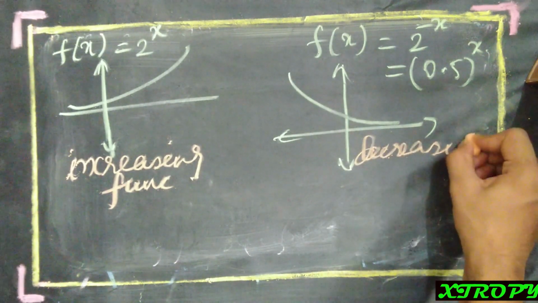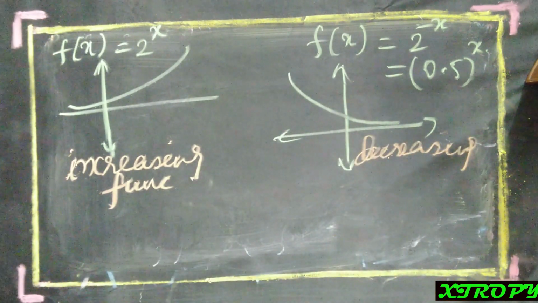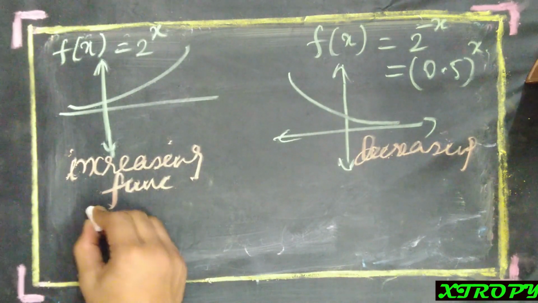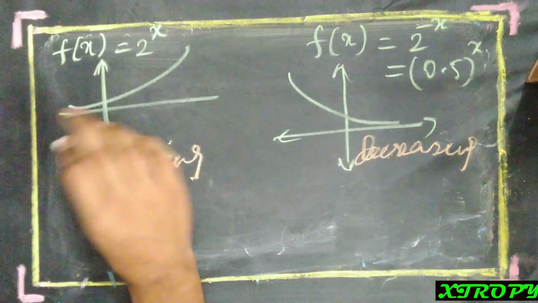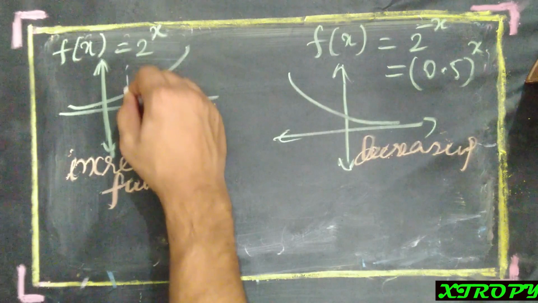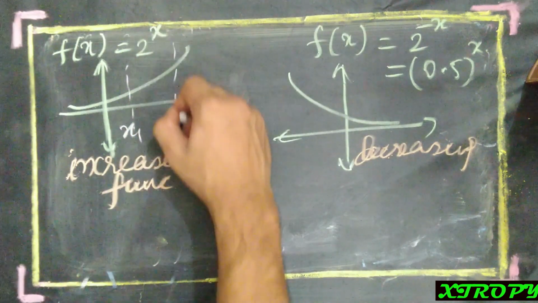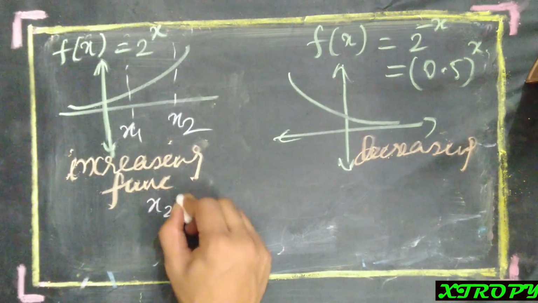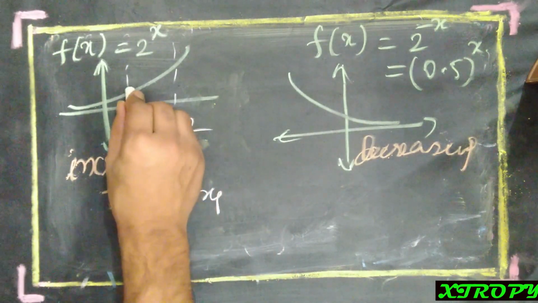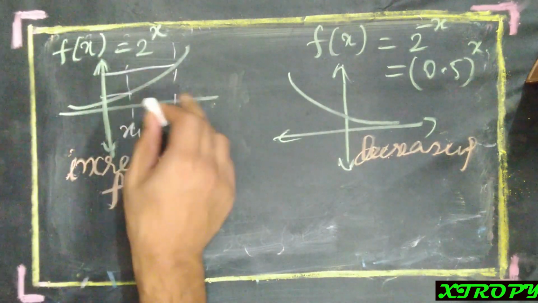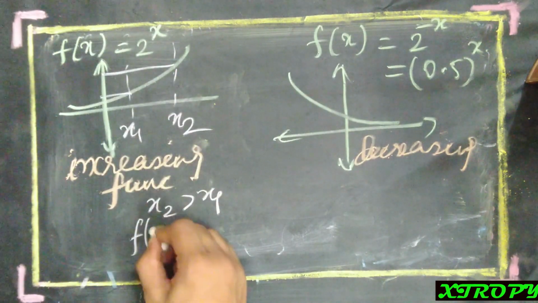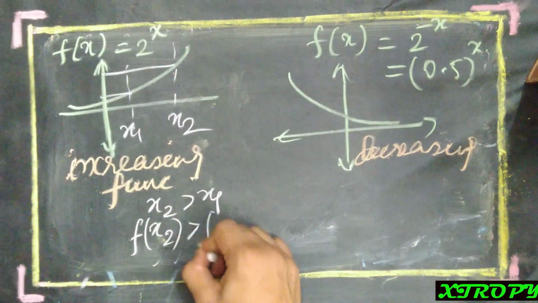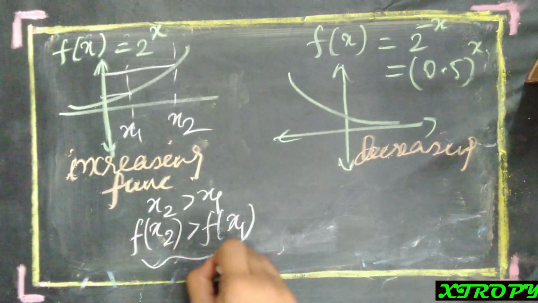So what do we exactly mean by that? Let me show you first. Suppose this is x1 and suppose this is x2. x2 is greater than x1, it is evident from the graph, as well as f(x2) is more than f(x1). This is the real identity, or the definition, of an increasing function.